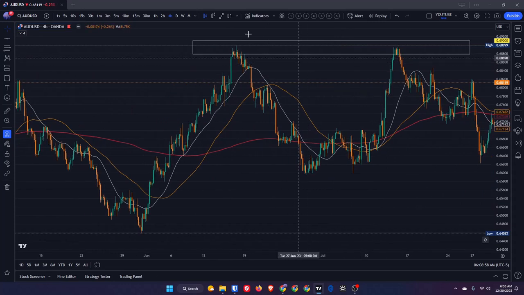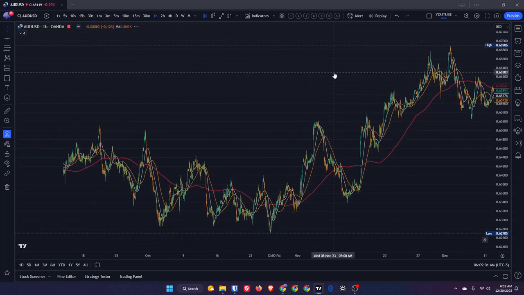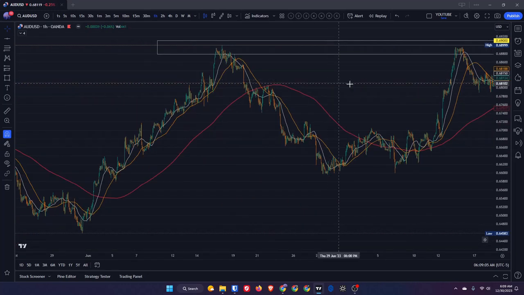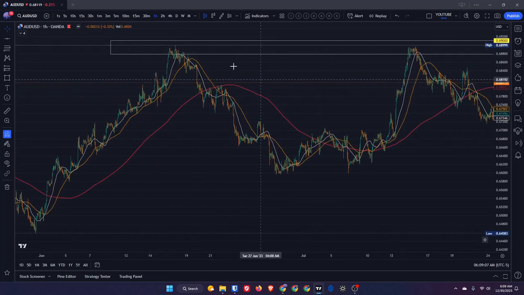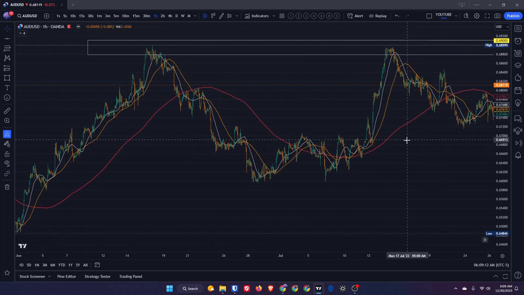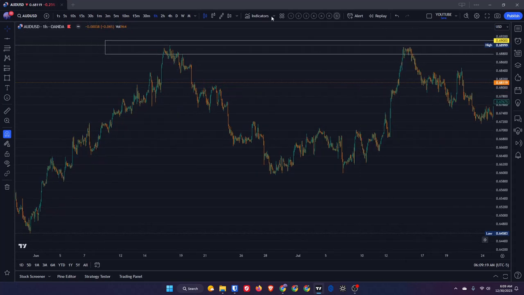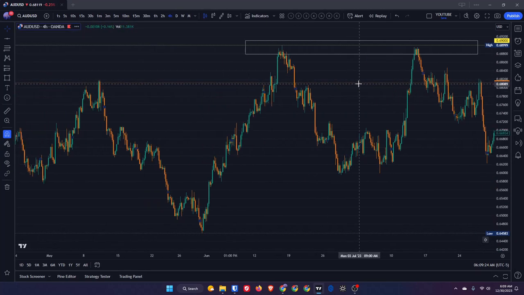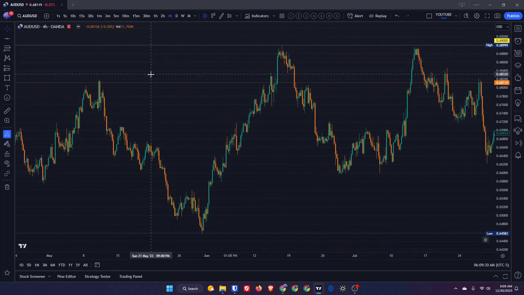Be like, okay, is it overbought? Are the moving averages stretched out, and do I think that it's going to reverse? Right here, what do I think is gonna happen? So you have to make sure that whatever tool of analyzing the market you're using in trading, you combine it with something else.